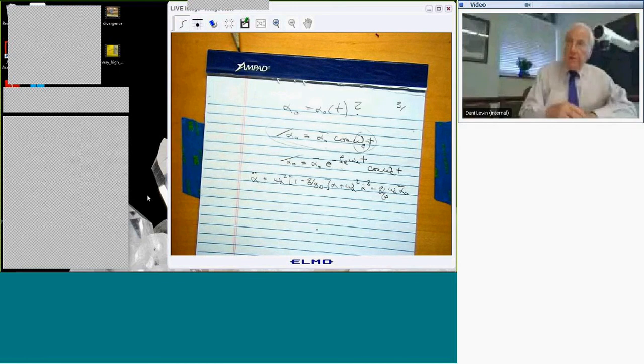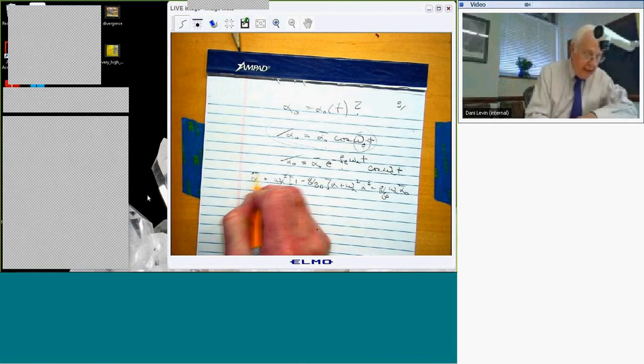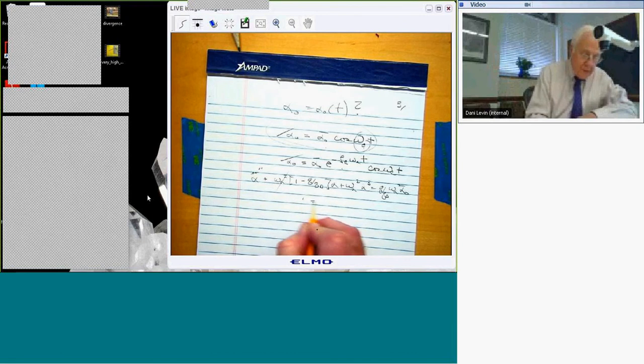If I normalize the time by omega alpha, then I can make omega alpha go away in this equation. I'll call this now alpha hat, where the hat means a derivative with respect to non-dimensional time.